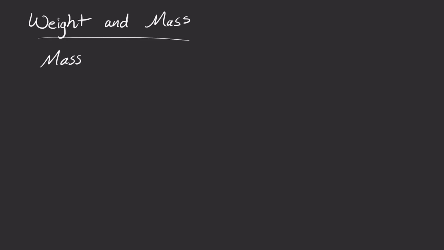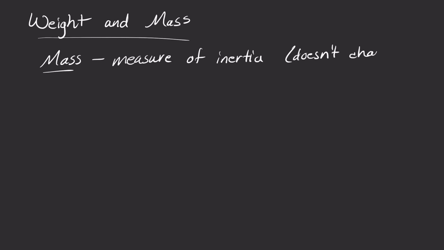Okay, now I want to talk about weight and mass. So these are different, and a lot of times they get confused. Mass is a measure of how much inertia an object has, and this is something that does not change. So you have the same amount of inertia because you have the same amount of mass.